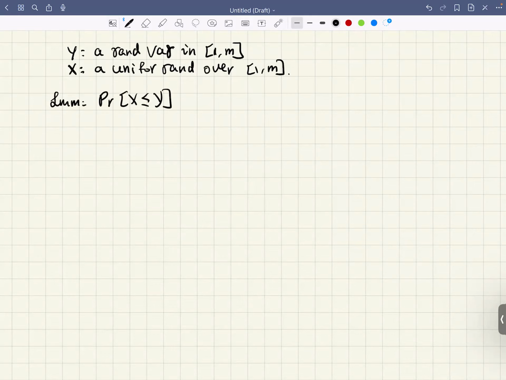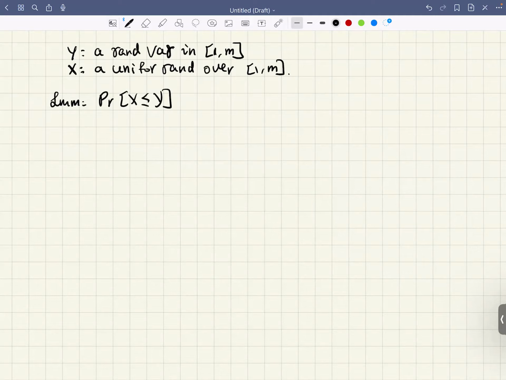This is an unusual probability question. It's not an easy question to answer because this Y is not fixed. If Y was fixed, then this would be easy, right?